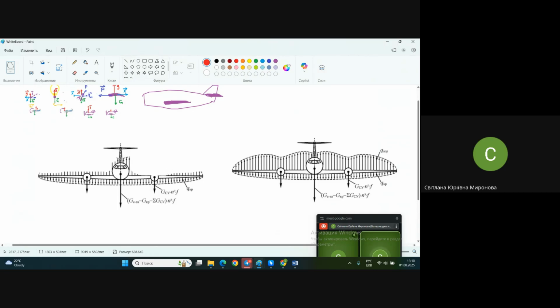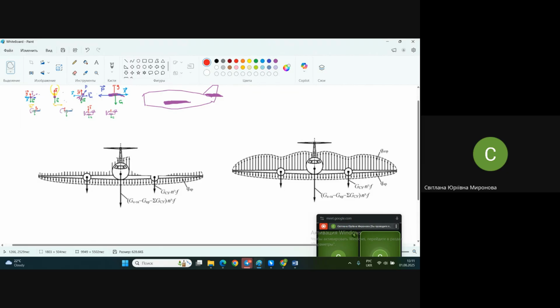And these forces acting down are distributed along the span of the wing, or conditionally they are concentrated. What does it mean, conditionally concentrated? Look, engines on the wing, for instance. And it's not good, yes? It seems like they overload the wing. On the ground, yes. But what happens when you load the wing in air?